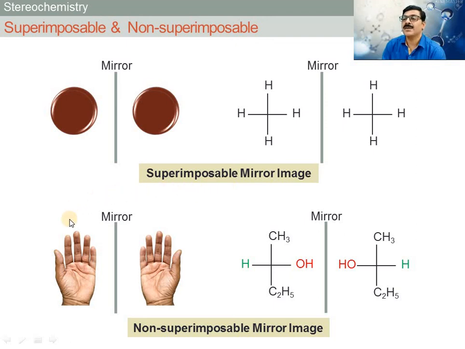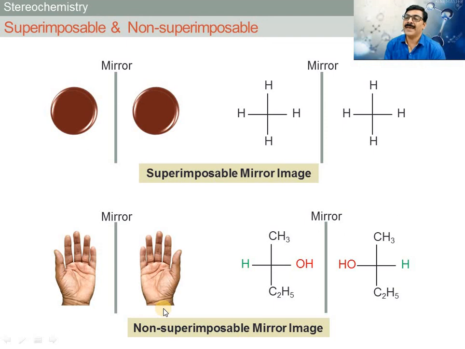Now the second one is the non-superimposable mirror image. Here, if you observe the image of the left hand, it is not identical or the same, because if you overlap these two hands, then both the thumbs are opposite, so it is not identical.